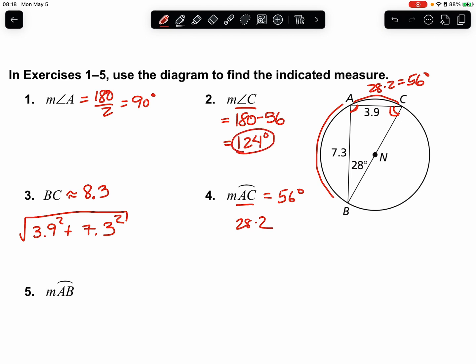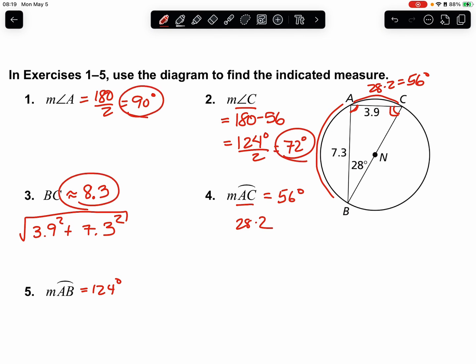I just realized we made a mistake. So when I said 180 minus 56, the arc is 124. We have to take that, let me delete my circle, divided by 2, 72 degrees. So the measure of angle C is 72, 8.3, 56, and 124.